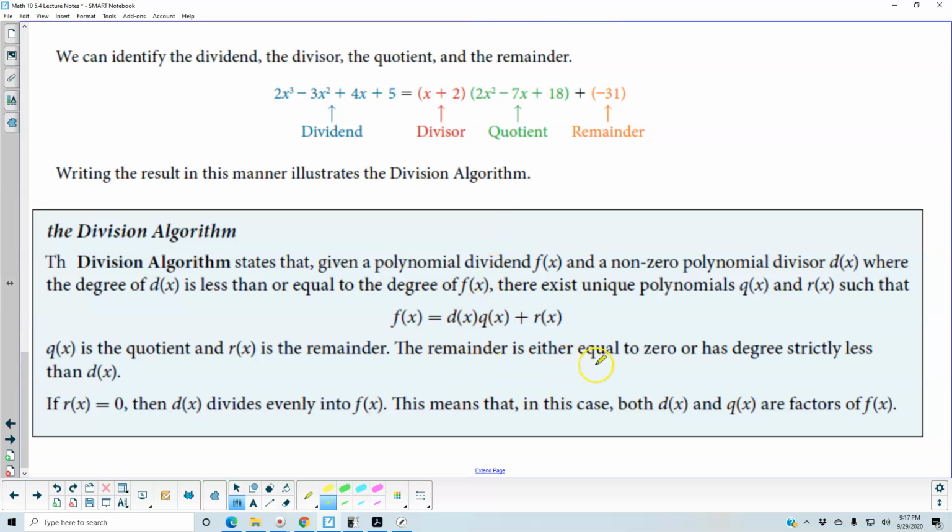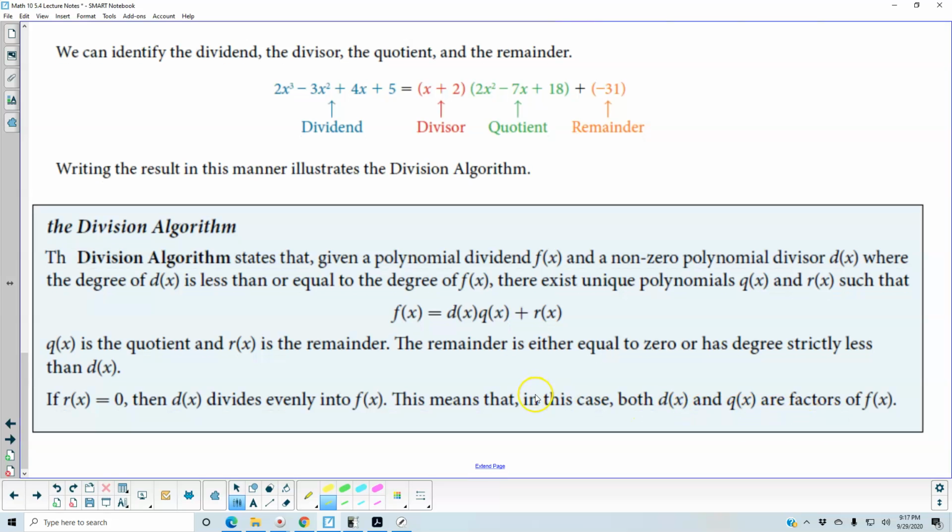The remainder is either equal to 0 or has degree strictly less than d of x. And if the remainder is equal to 0, then d of x divides evenly into f of x. This means that in this case, both d of x and q of x are factors of f of x.